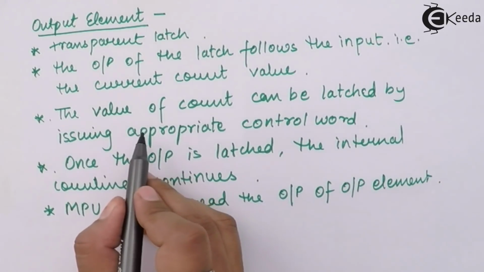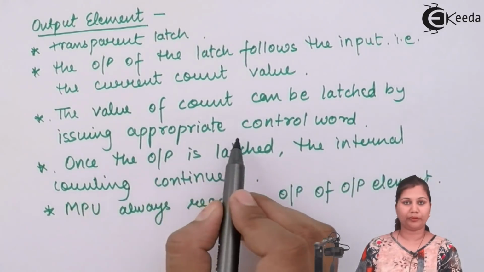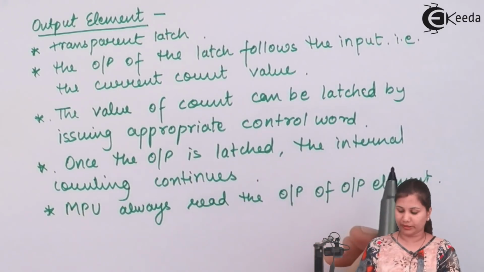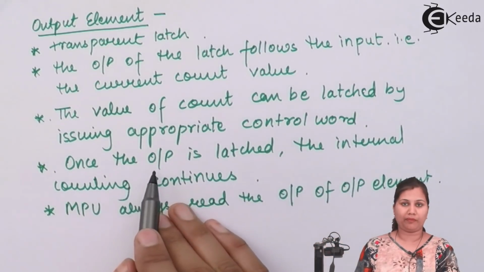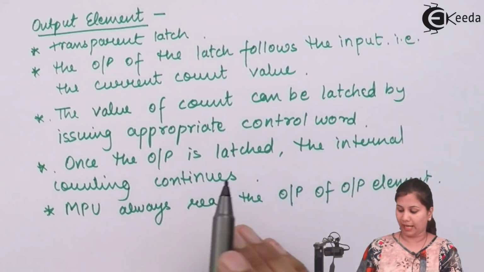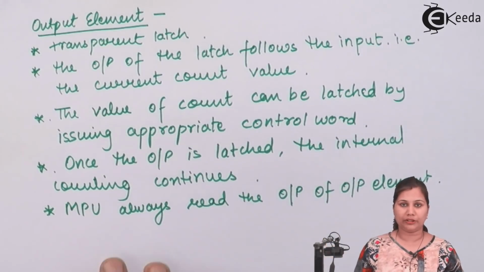The value of the count can be latched by issuing an appropriate control word in the control register, and once the output value of the counter is latched, the internal counting continues.